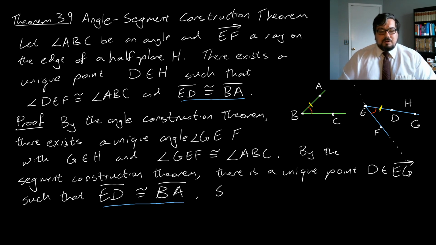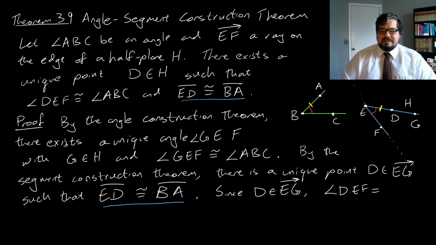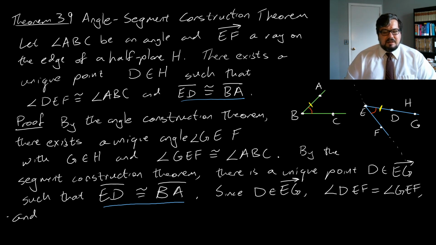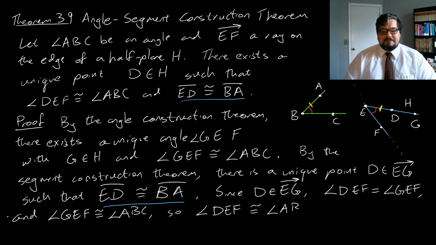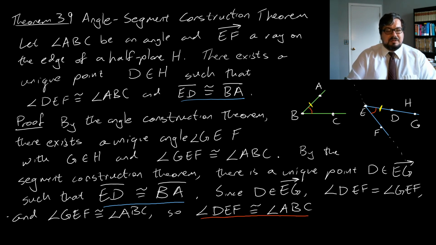Now, we have that since D belongs to EG, angle DEF is equal to angle GEF, and angle GEF is congruent to angle ABC, so angle DEF is congruent to angle ABC.